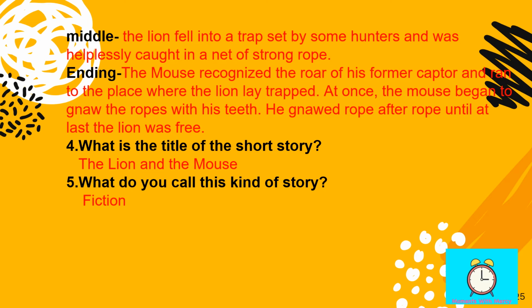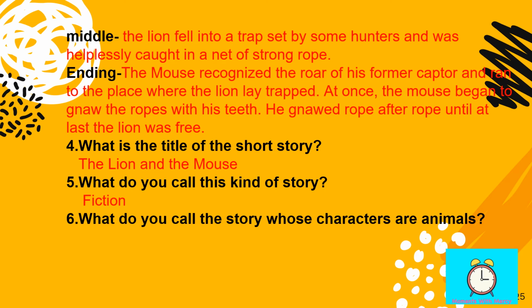It is called fiction or a fictional story. And the last, what do you call the story whose characters are animals? Any guess, children? Yes, you're right. It is called a fable. Now, children, you know the different elements of the story.